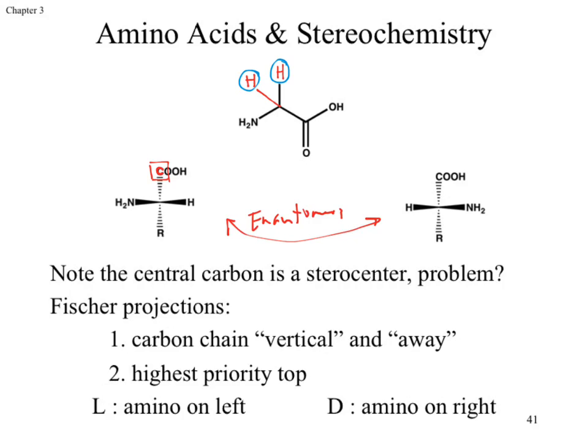We then compare nitrogen to hydrogen. Where is the higher priority between nitrogen and hydrogen? Nitrogen. Regardless of whether it's atomic number or atomic mass, nitrogen is higher than hydrogen. Atomic number, it's 7 versus 1, or mass, 14 versus 1. Why do I never remember that?